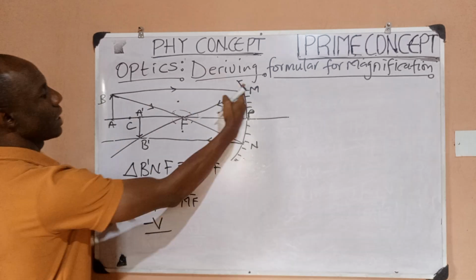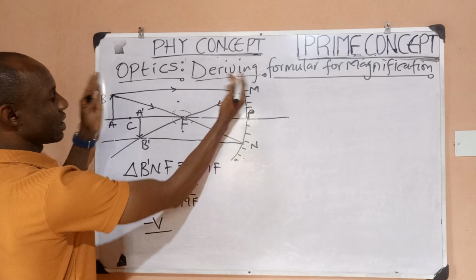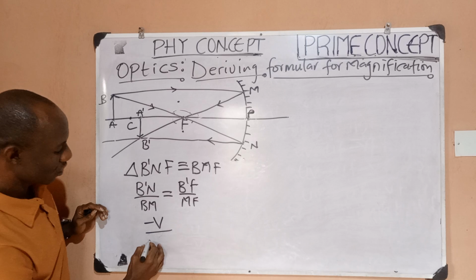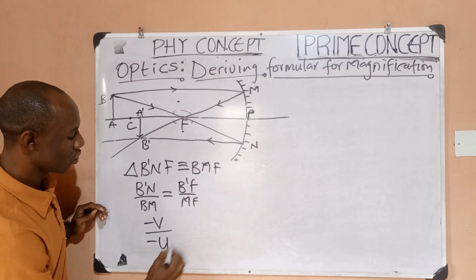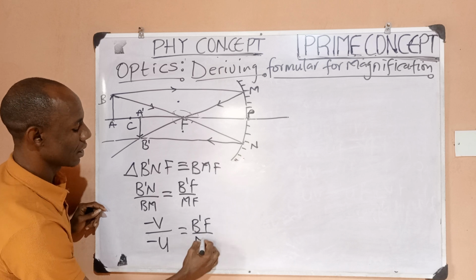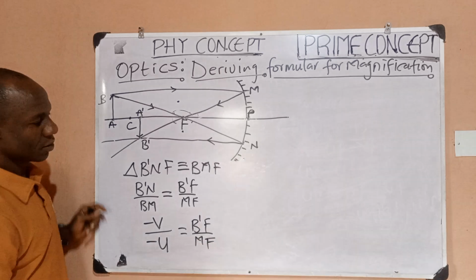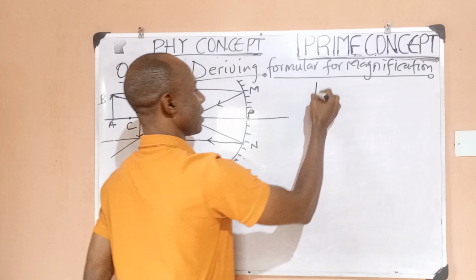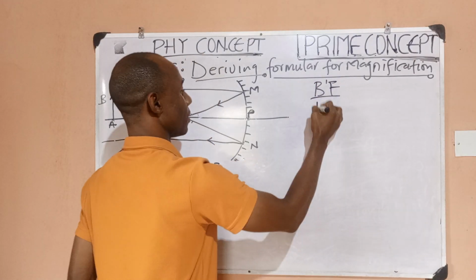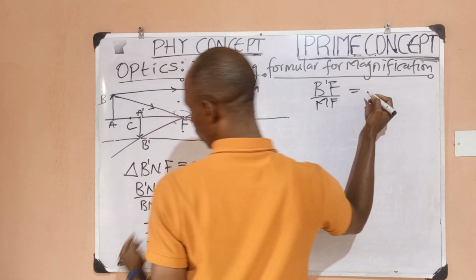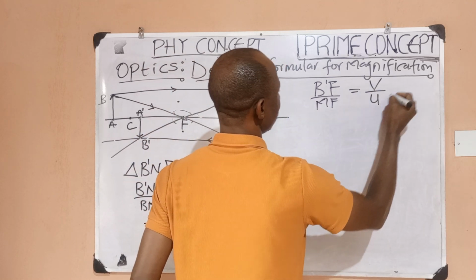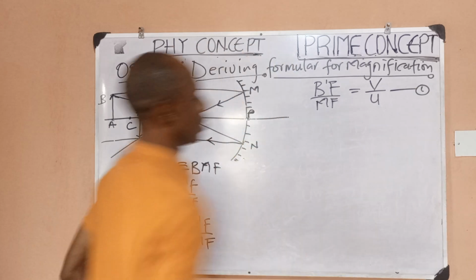Similarly, BM is our object distance, which is also on the left-hand side, so it's going to be negative u. This equals B prime F over MF. So I can conclusively say that B prime F over MF is equal to, the negatives cancelling out, v divided by u. I will call this equation 1.